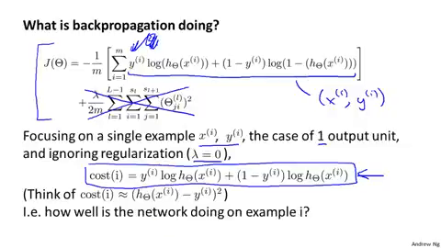So rather than looking at this complicated expression, if you want, you can think of cost of i being approximately the squared difference between what the neural network outputs versus what was the actual value. Just as in logistic regression, we actually prefer to use the slightly more complicated cost function using the log, but for the purpose of intuition, feel free to think of the cost function as being this sort of squared error cost function. And so this cost of i measures how well the network is doing on correctly predicting example i. How close is the output to the actual observed label yi.